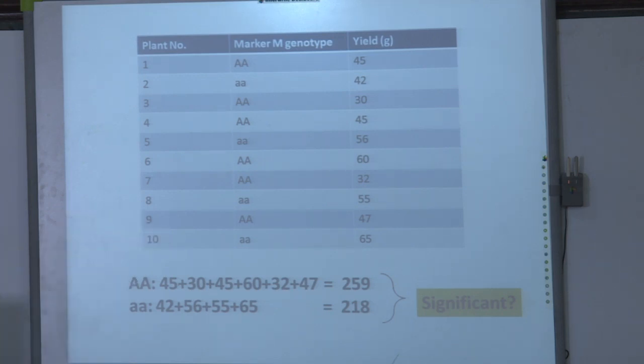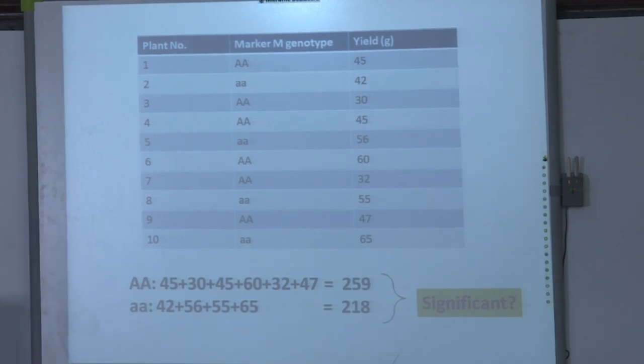If that t-test is significant, then you say marker M, because this classification is for marker M, is linked with that particular character. If it is for plant height and marker N, you will say marker N is linked with the character plant height, whatever the character.